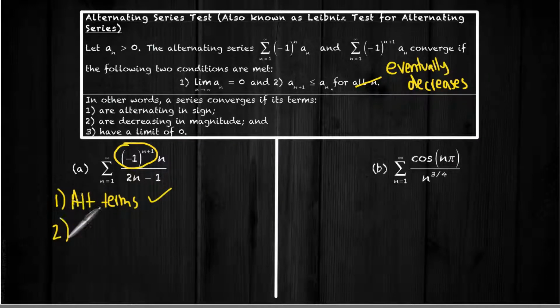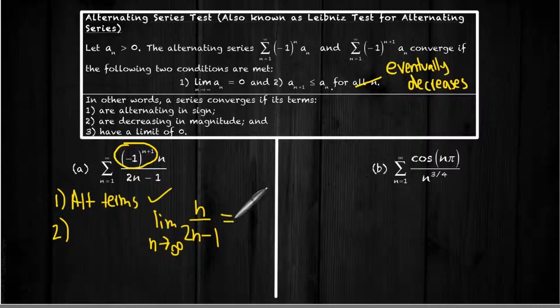Second thing you have to prove is that this is a decreasing function. So we will take n over 2n minus 1. And actually, you know what? We're going to do the limit first instead of that. So let's just take the limit as n approaches infinity of this piece. And notice what we get.